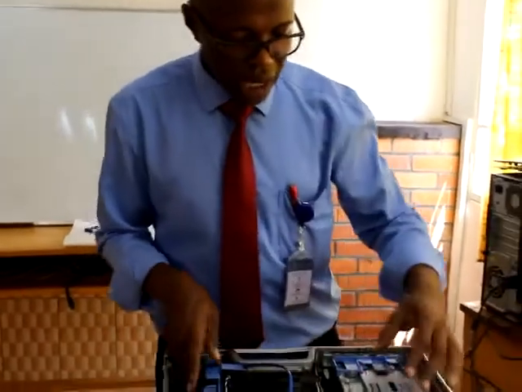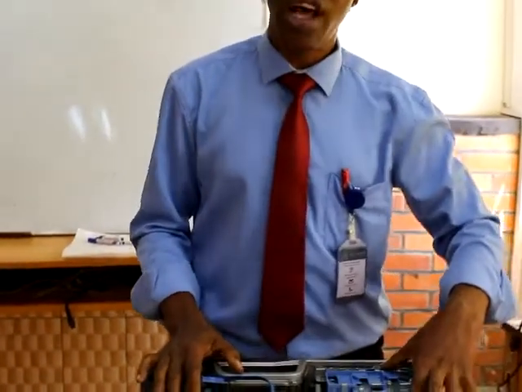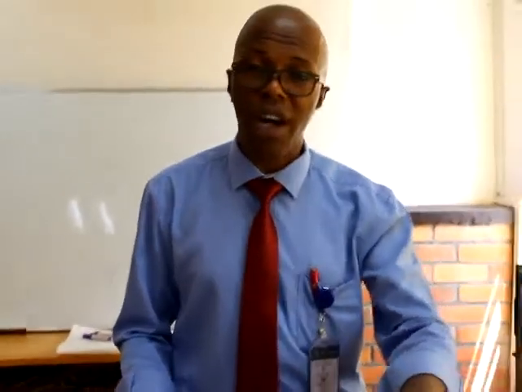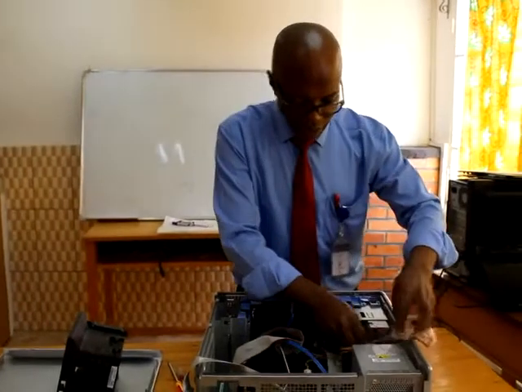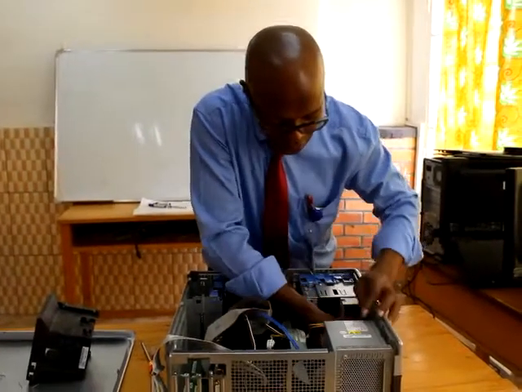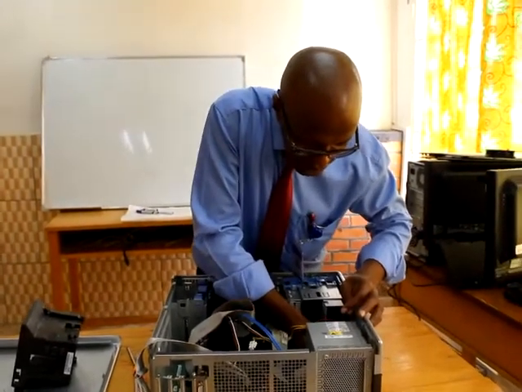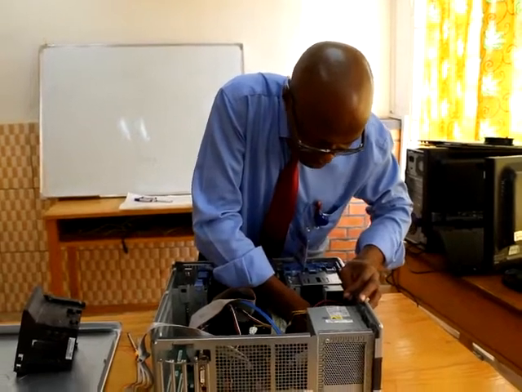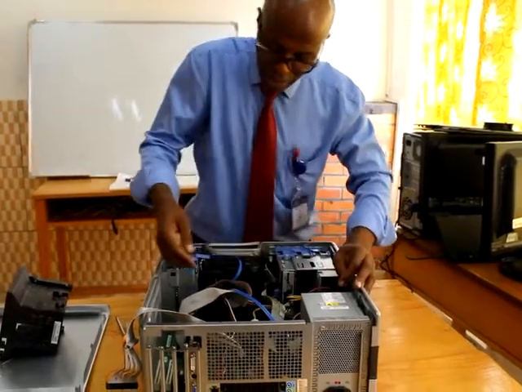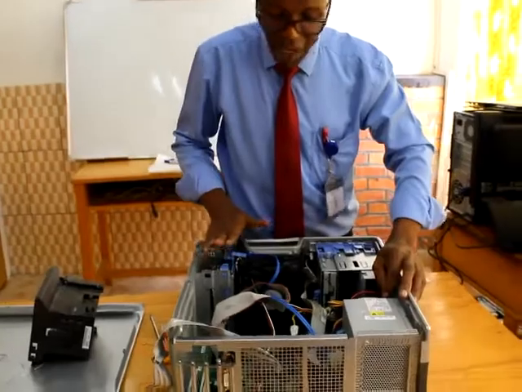All of these components, the drives as I have shown to you, are supplied with power that is coming from the power supply. Power will be connected to the CD-ROM drive. It will be connected to the hard drive.